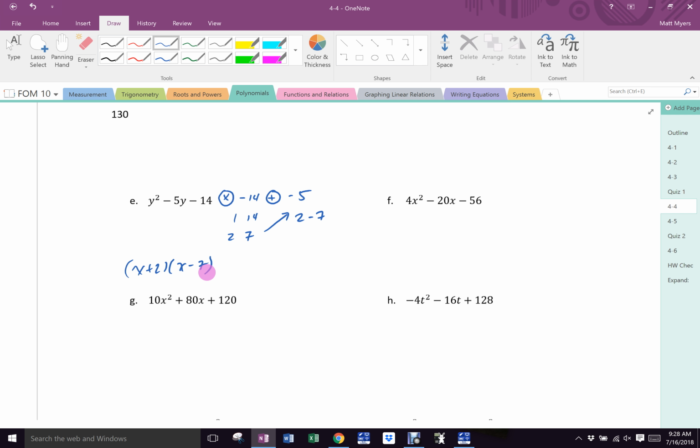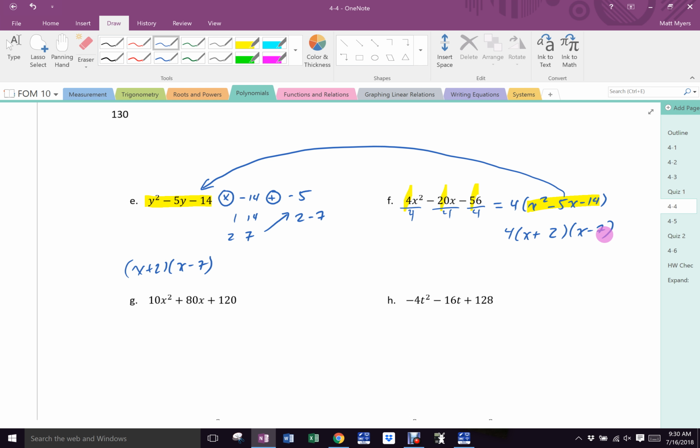Okay? Now, when we're multiplying, does order matter? When we're multiplying, order does not matter, does it? Because negative 2 times 7 is negative 14, and negative 7 times 2 is negative 14, correct? But in factoring, we also care about the adding. So we have to get this order correct, right?